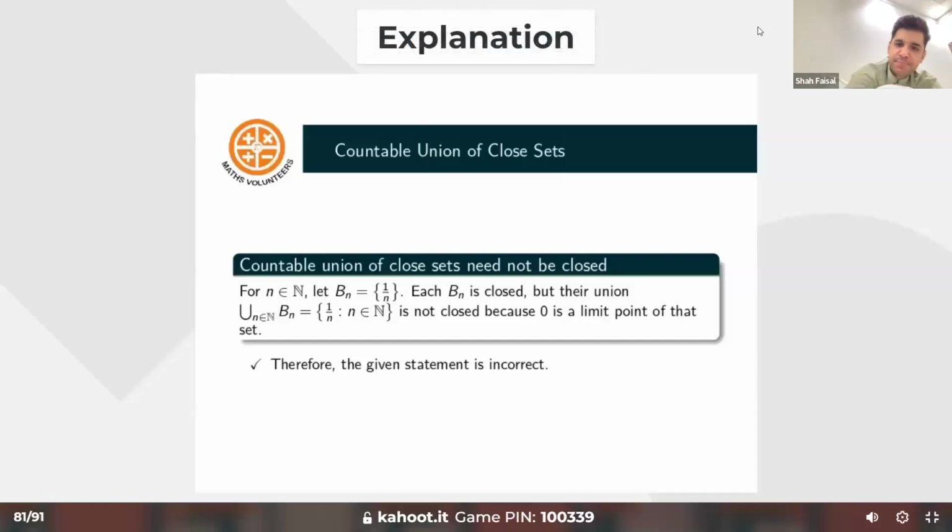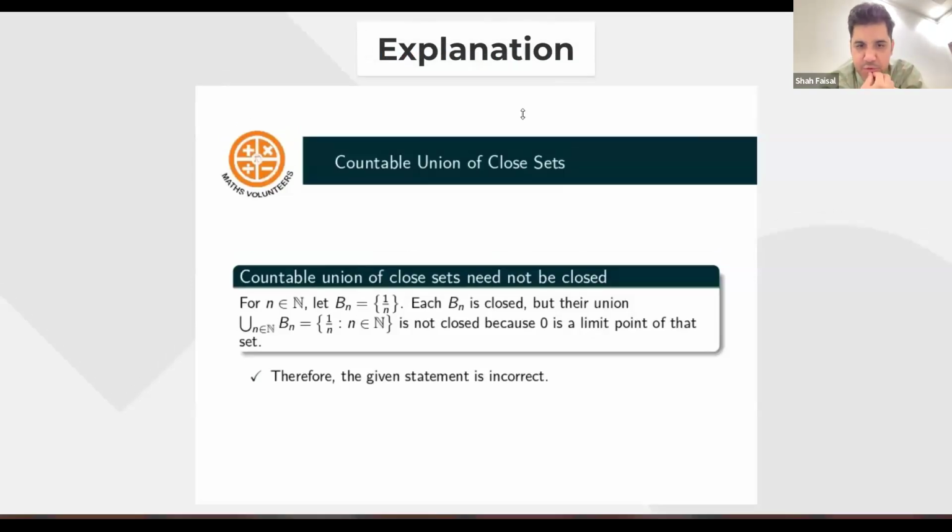Here you take the singleton sets 1/n, and then you take the union. So it would be 1 and so on, but it goes to 0. So 0 is a limit point because you have a sequence converging to 0, but 0 is not in that set, so it's not a closed set.